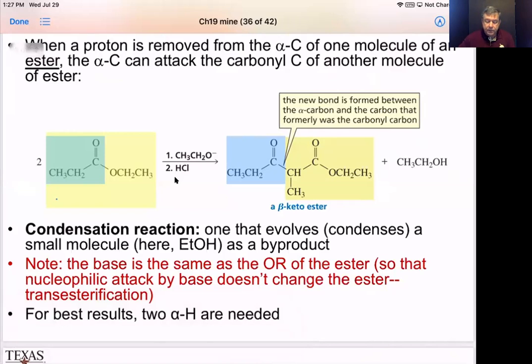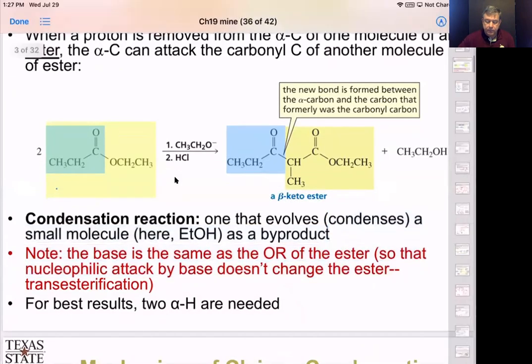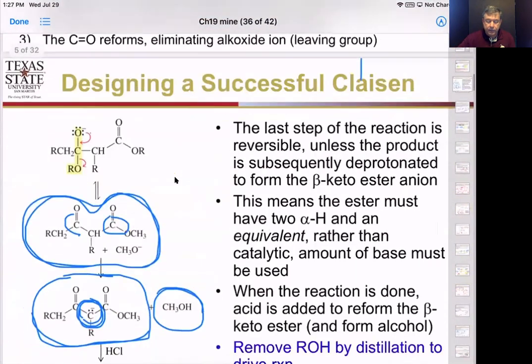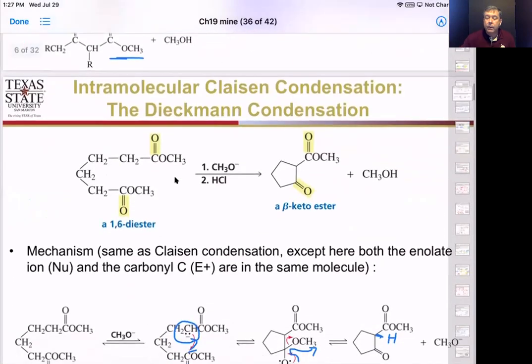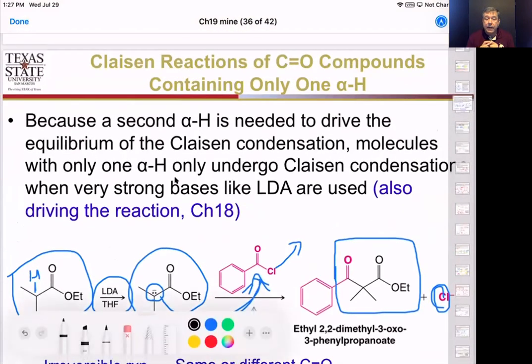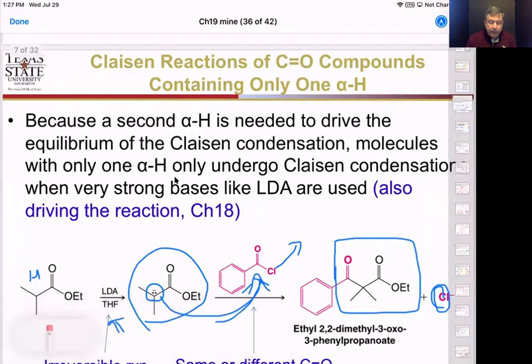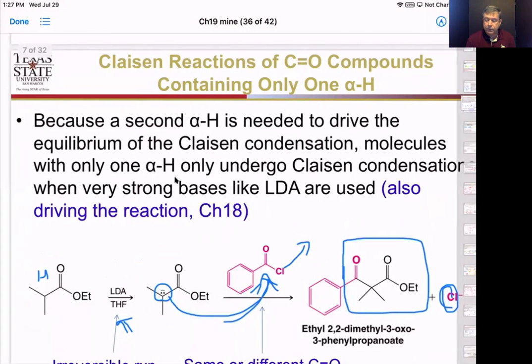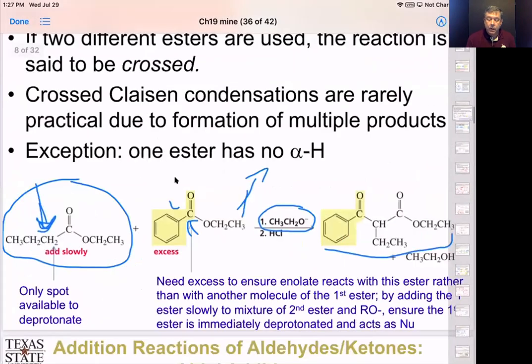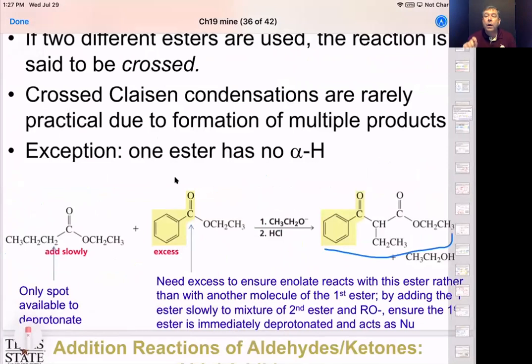Now, that leads us to the crossed Claisen reaction. And in the crossed Claisen reaction, you have chosen to have two different materials that you're reacting with. And in this case, you can use an ester or an acid chloride. And, okay, wait, let's actually go to the ester one first, sorry. So we've chosen our substrate, so we're still using two esters, but one of our esters has no alpha hydrogens, okay?